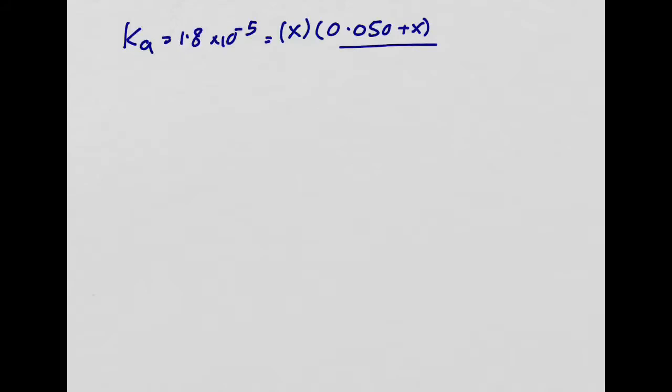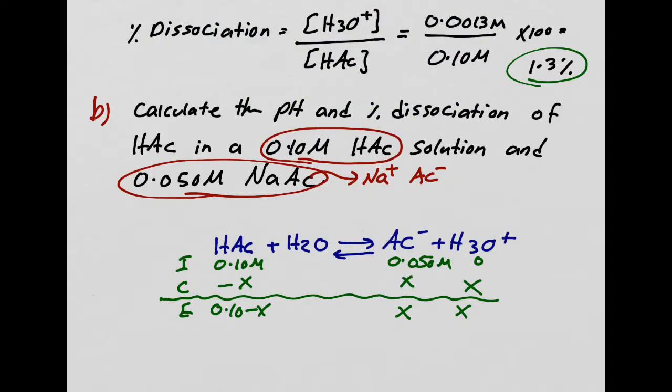So I'm going to have a Ka value. The same Ka from part A I can use, which was 1.8 times 10 to the minus 5. Again, product over reactant would be X in this problem, times 0.050 plus X over my reactant 0.10 minus X. Oh, you know what?